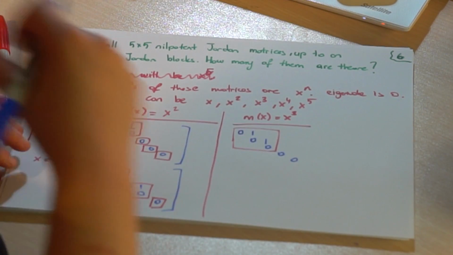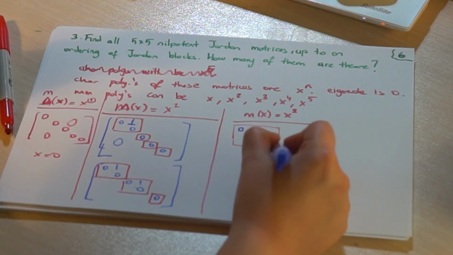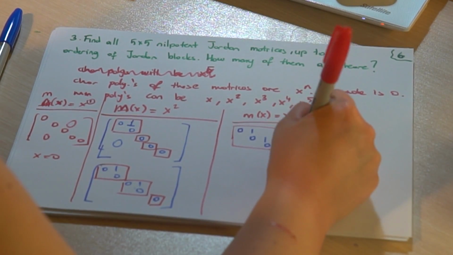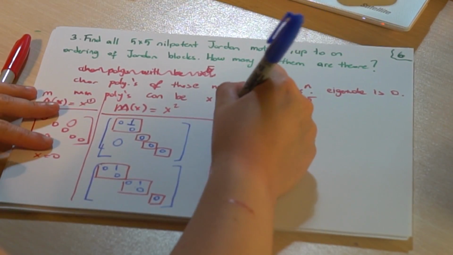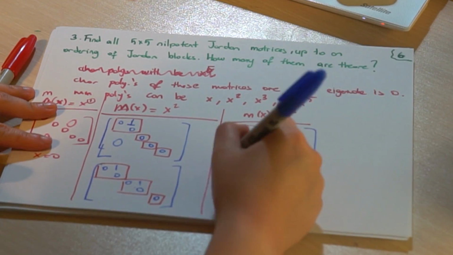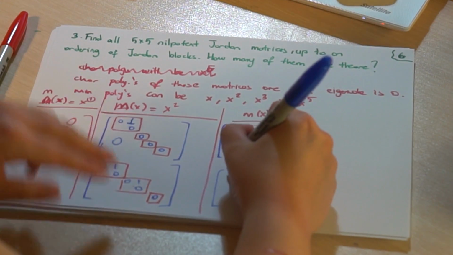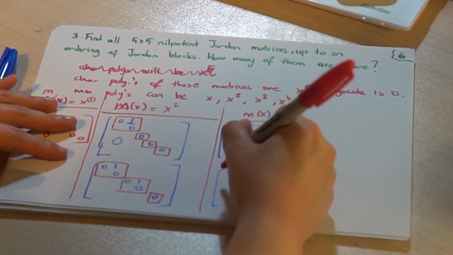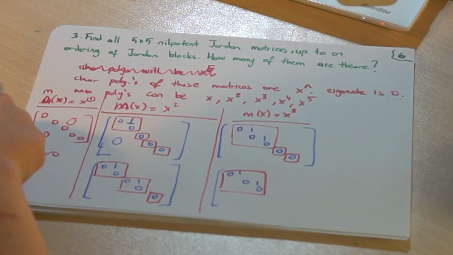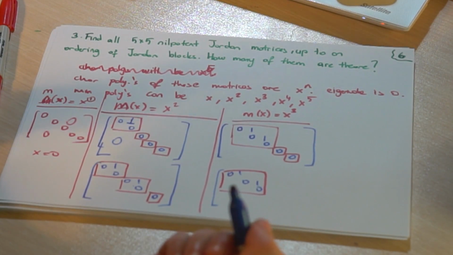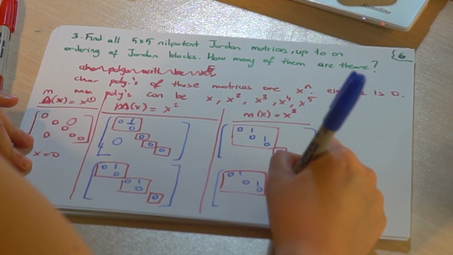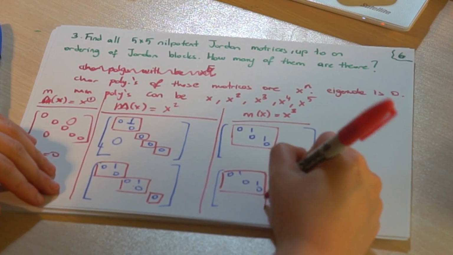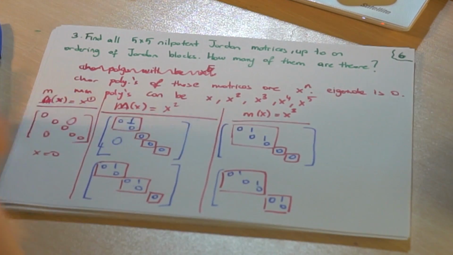Then the other blocks can be 1 by 1. This is one case. But we also have one more case: the first block is 3 by 3, we cannot have a second block of size 3 by 3, but we can have a second block of size 2 by 2.